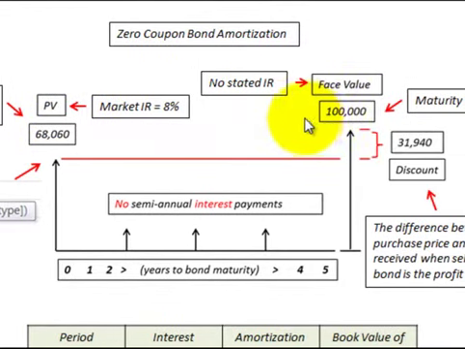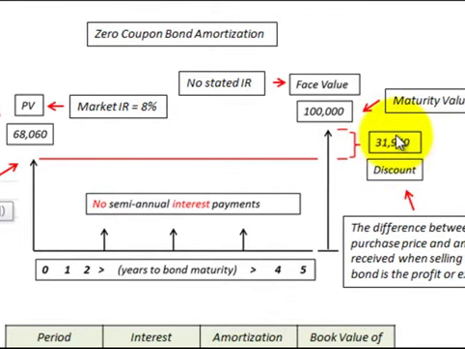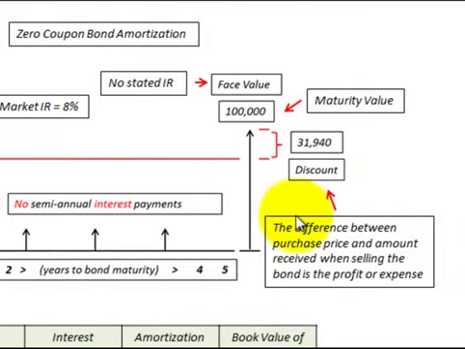So taking the difference between the $100,000 and the $68,060, we get a discounted amount of $31,940. So the difference between that purchase price and the amount received when selling the bond is our profit or an expense that we have to allocate on that bond.